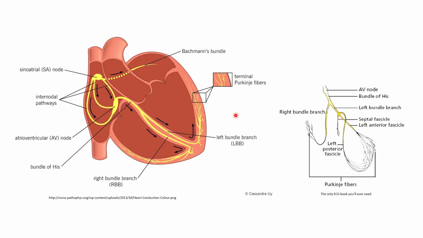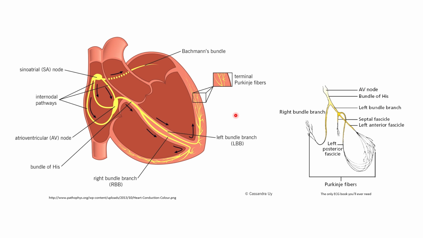Let's talk about the conduction system itself. The conduction system grossly is made of the SA node, which stands for sinoatrial node, atrioventricular node, AV node, bundle of His, the left and right bundle branches, and it ends in the Purkinje fibers, terminal Purkinje fibers. But between them, we have some sort of other pathways which normally exist.